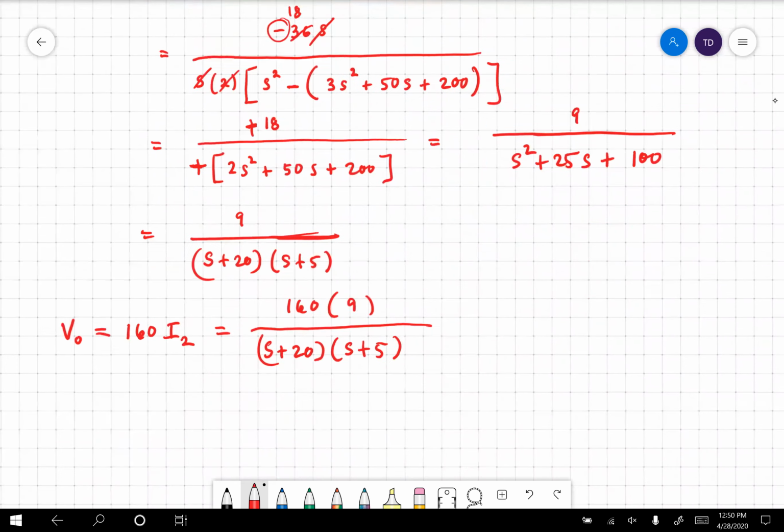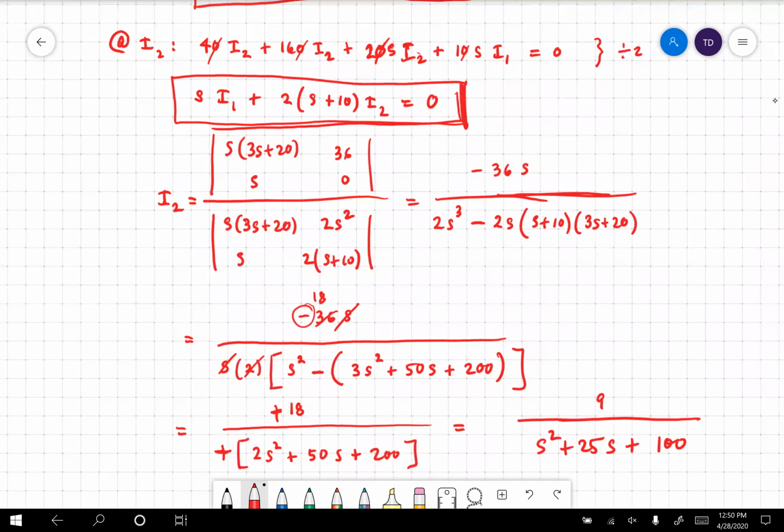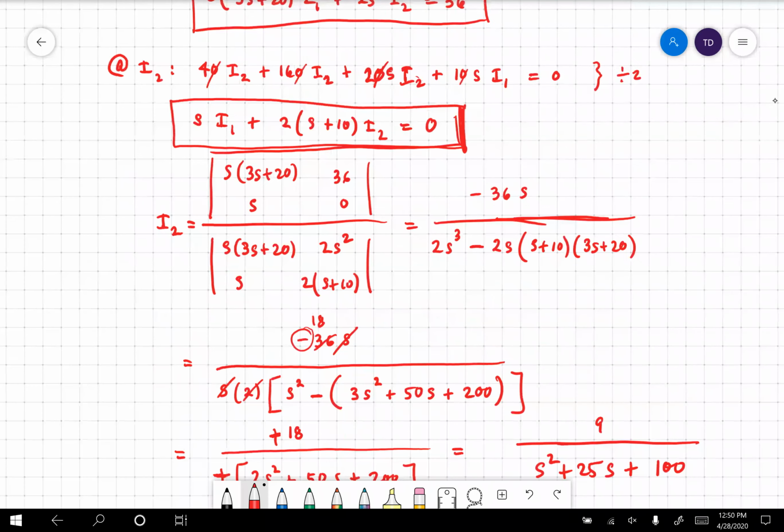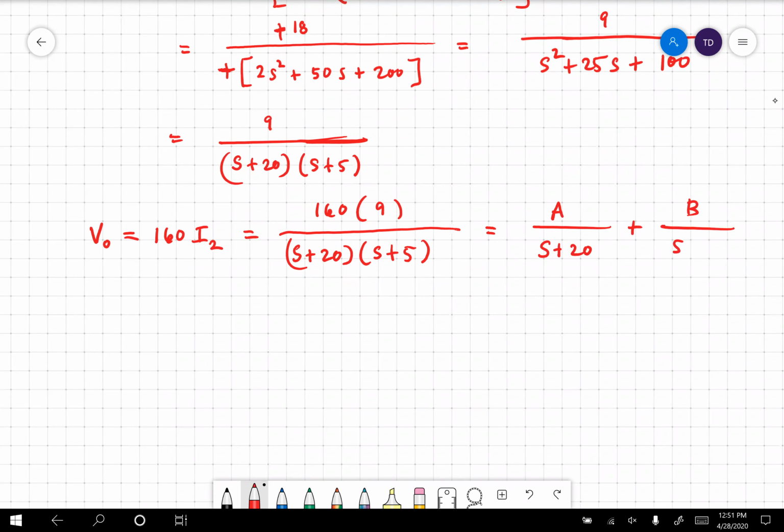So let's continue with this, minus 36s. All right, so partial fraction expansion then. So this is equal to A over s plus 20 plus B over s plus 5.